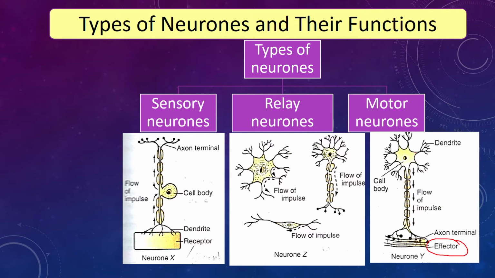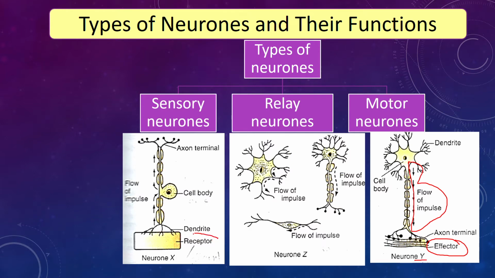Because these motor neurons are carrying nerve impulses from the central nervous system to the effector. So please take note on the flow of impulse. Look at the arrows. So you can identify that this is the motor neurons.